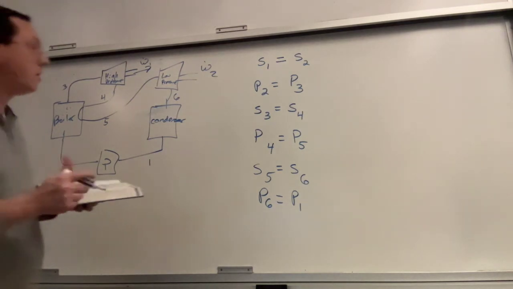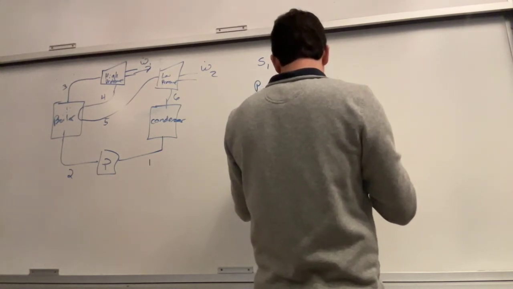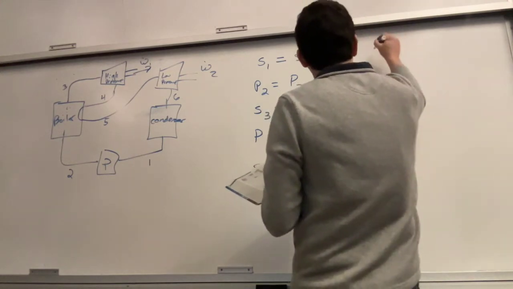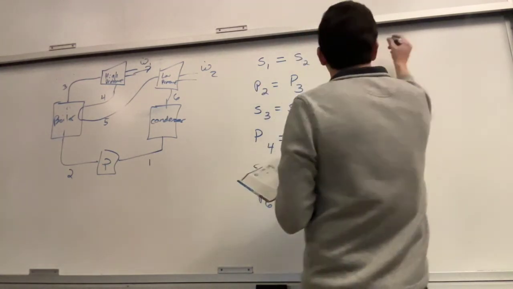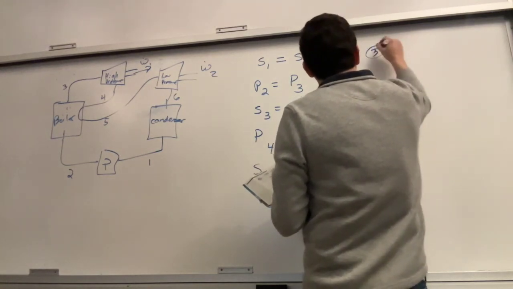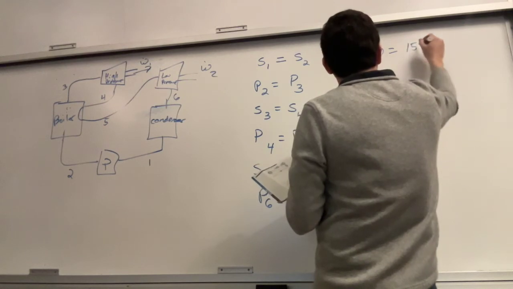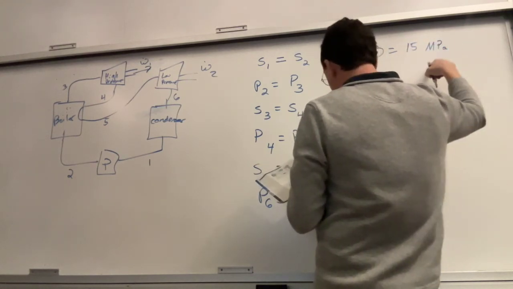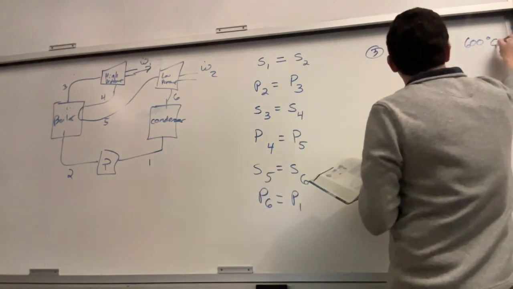Okay. So, entering the high pressure turbine, what state would that be? State 3, right? So at state 3, it is given to us that we are at 15 megapascal and 600 degrees Celsius.